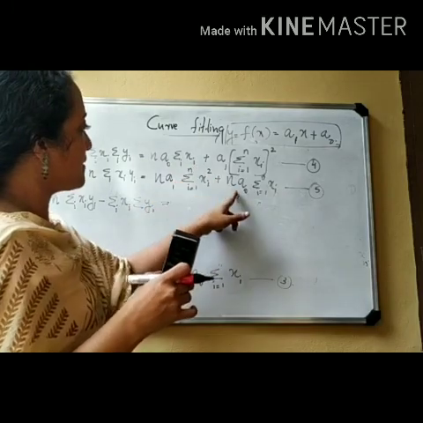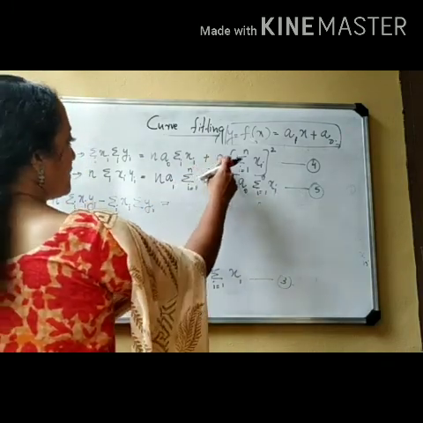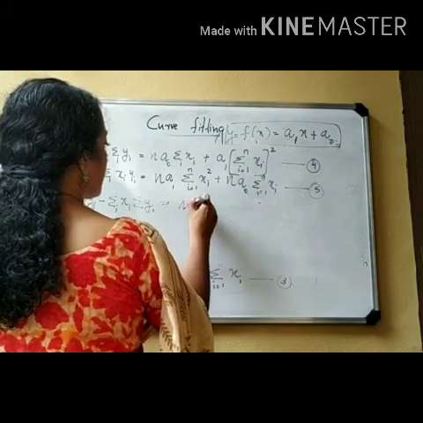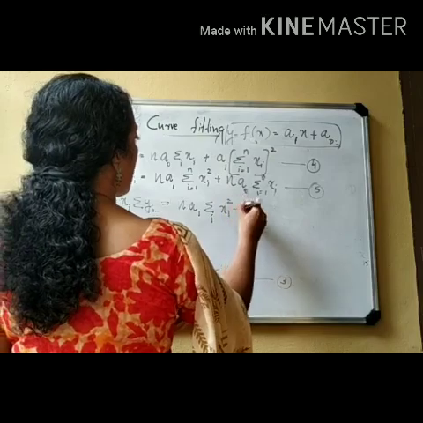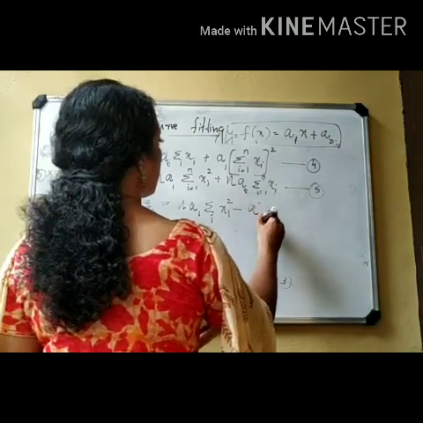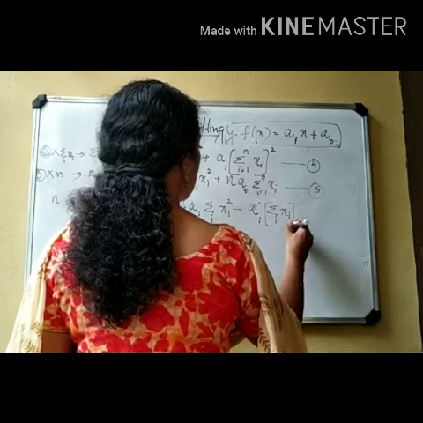N a0 sigma i xi and N a0 sigma xi get cancelled. So the other term is n times a1 sigma i xi square minus a1 sigma i xi the whole square. These two are different.